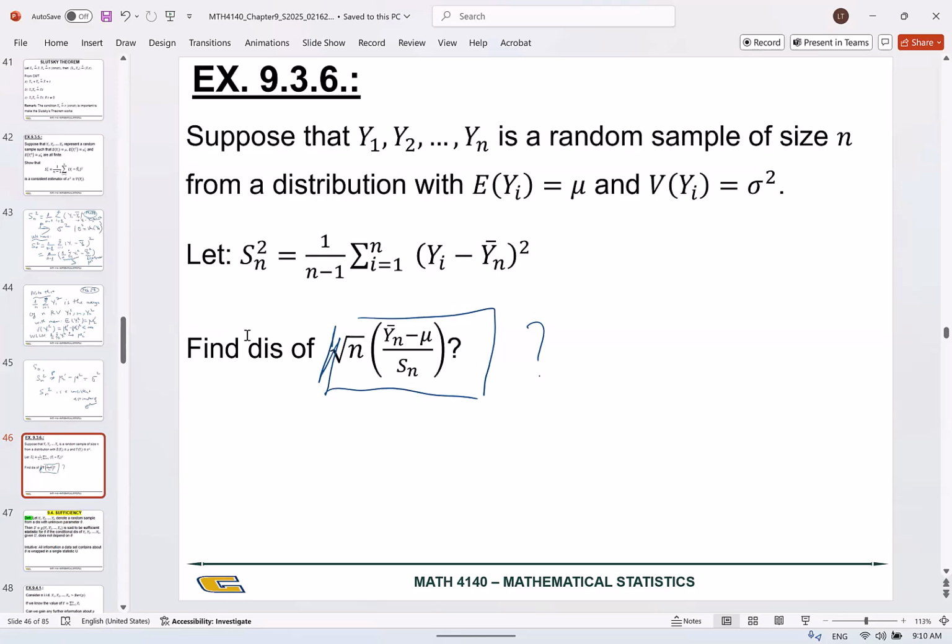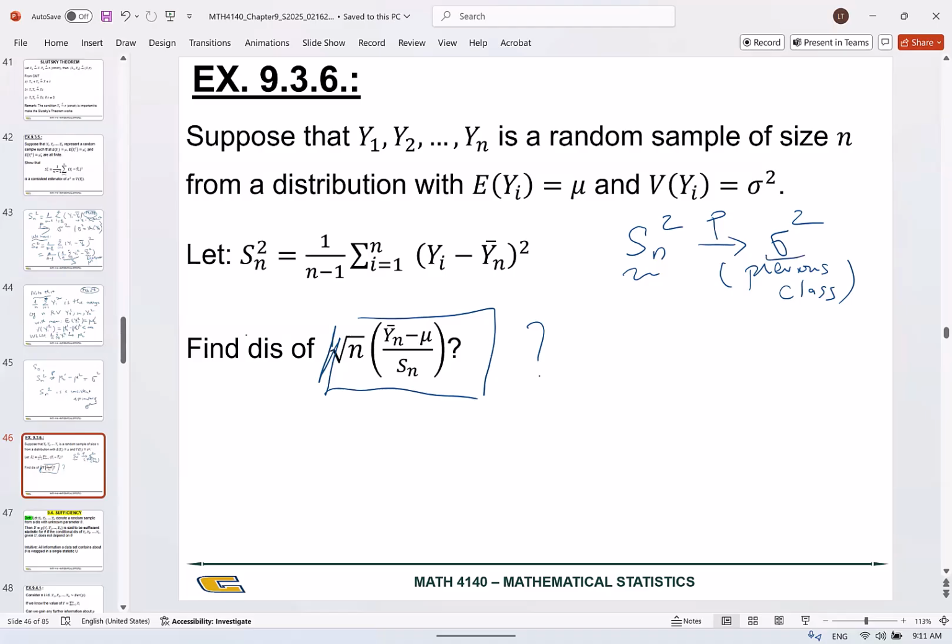You can see the connection of Sn and sigma square. If you recall in the previous class, in example 935, Sn square converges to sigma square in probability. Now you try to make use of this property to make an easier transition from Sn to sigma square here.